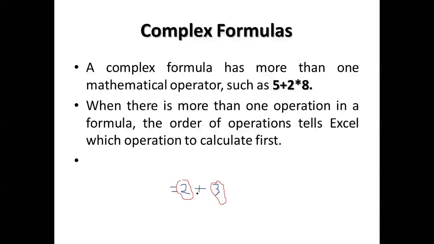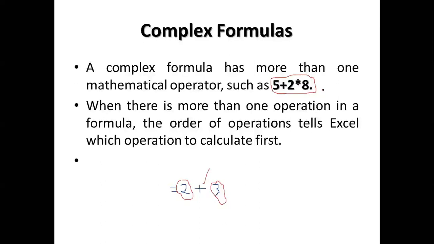In a previous situation, we had only 1 operator there. But we are having a situation where we have maybe 2 operators, as is the case in this situation there. So when there are more than 1 operator, we consider that kind of a formula to be a complex one.